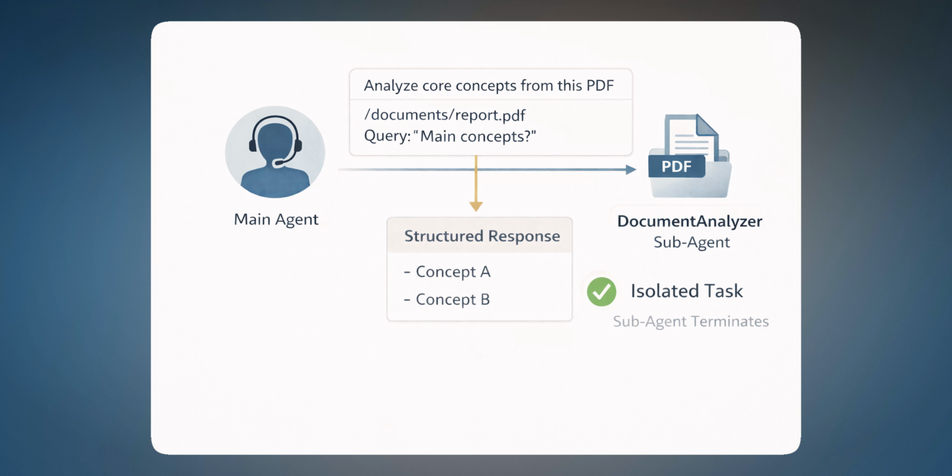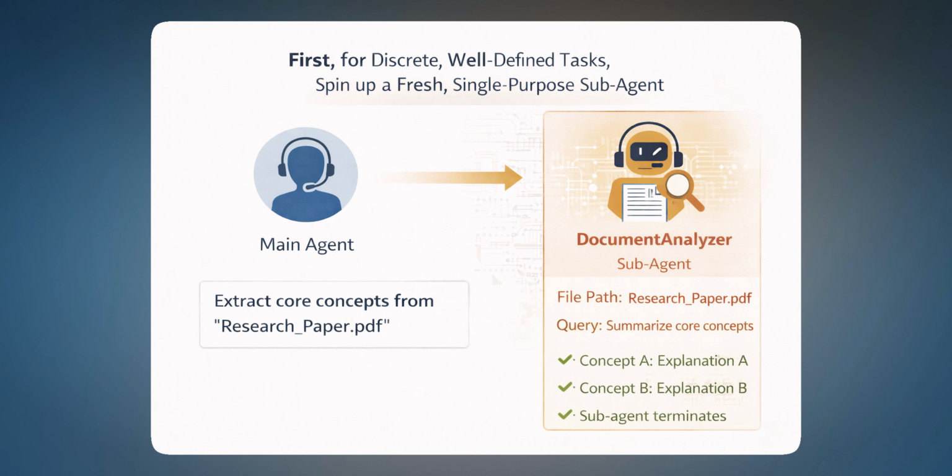For instance, if the main agent needs the core concepts from a PDF, it should instantiate a new document analyzer agent, pass it the file path and the query, and wait for a structured response. And that sub-agent does its job in isolation and then terminates.